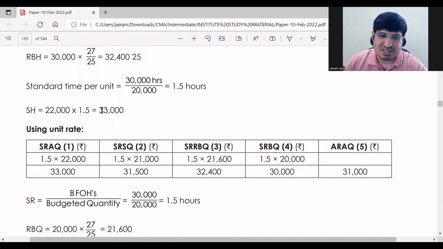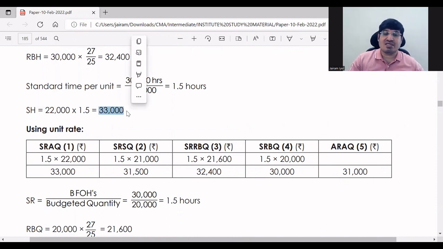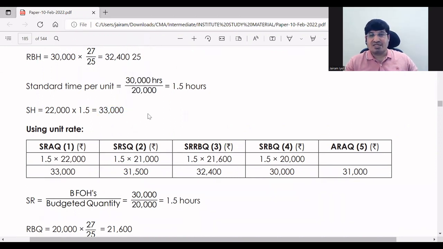ठीक है, this 33,000 actually what you are getting is not hours. ये hours नहीं है. This is your SRSH का total figure, the budgeted fixed overhead. ये जो 33,000 है ना, it is SR into SH, because this 1.5 is in rupees and this 22,000 is units.